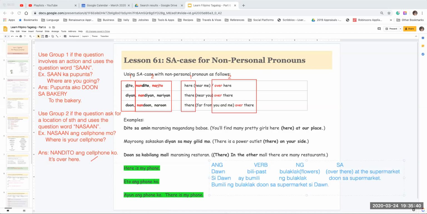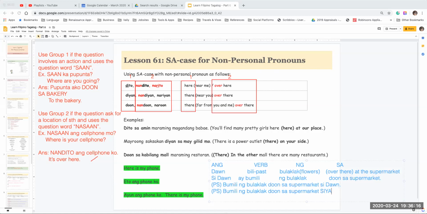Now, can you replace Don with a personal pronoun and then create a PS? Bumili ng bulaklak doon sa supermarket... Can you say "siya" here?